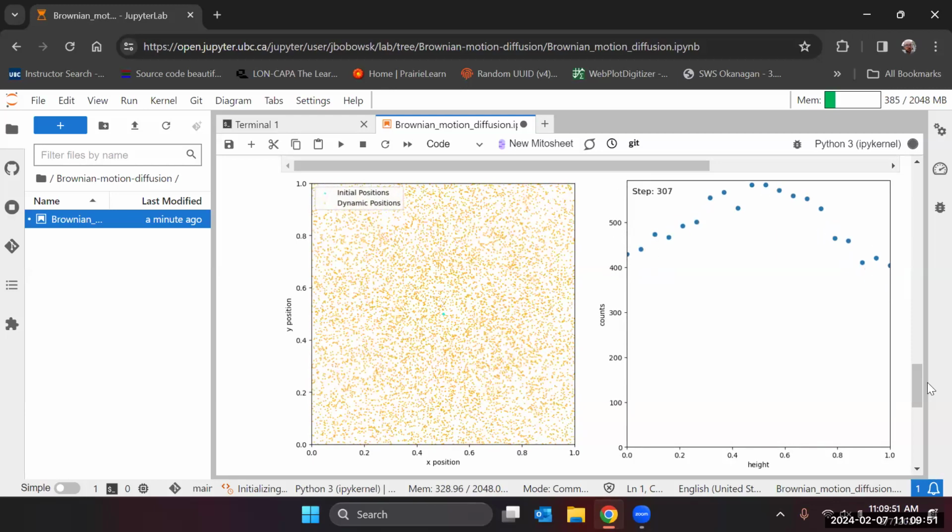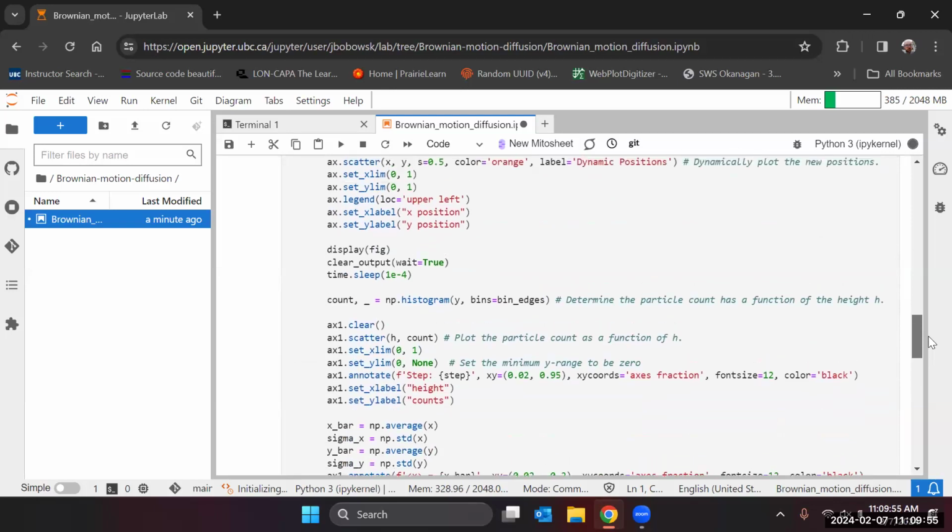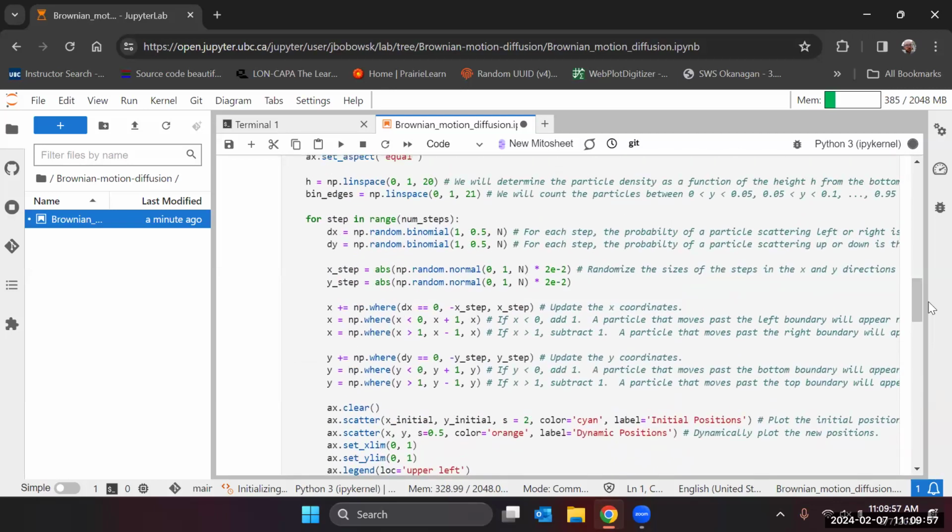The way we're going to implement that is, if you look in the code here, somewhere there is a binomial distribution. Here's the binomial distribution, and this is the probability that a particle moves, say, to the right, it's 0.5. This is the probability that a particle moves up, it's 50%.